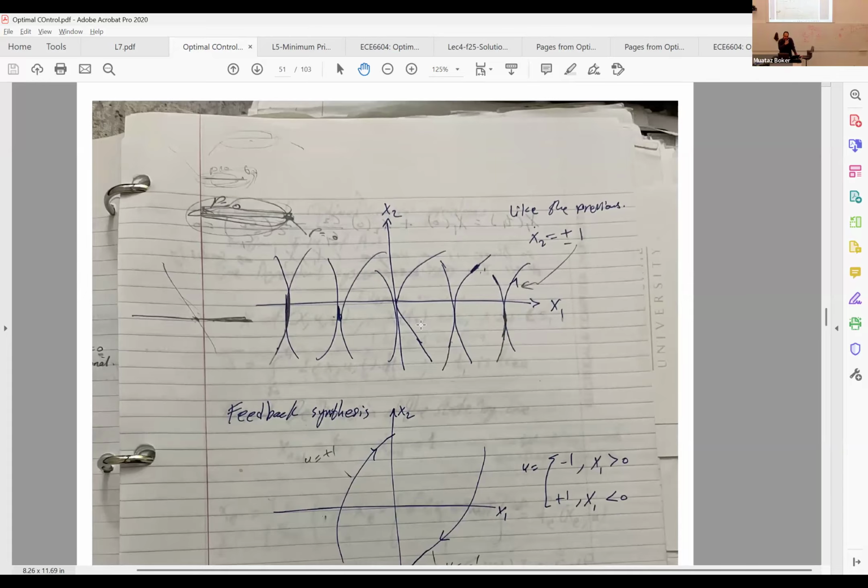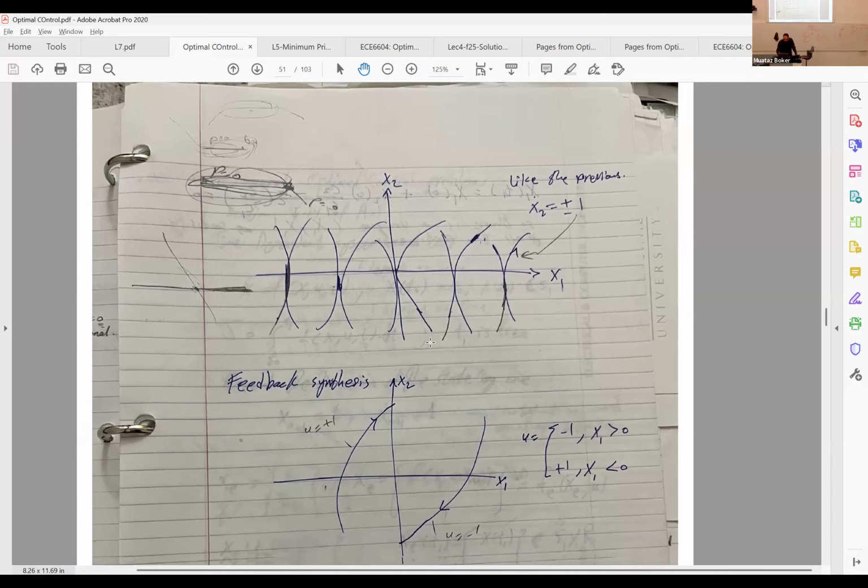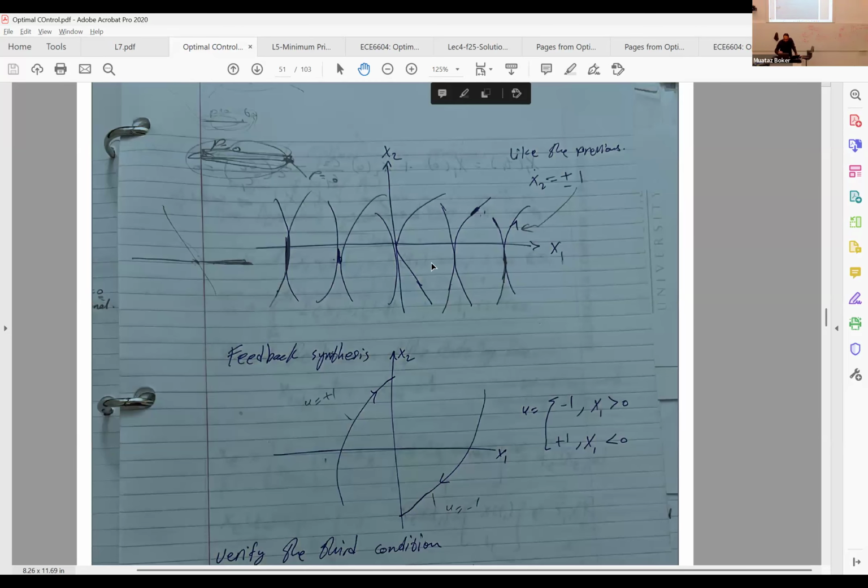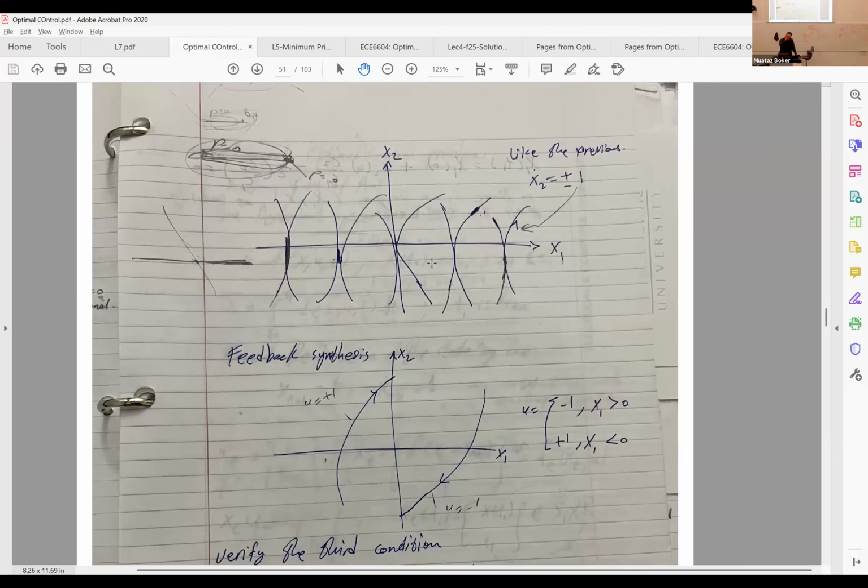So it's like the previous case: when you have positive u, it's up, and when you have a negative u, it's down, which is this one here. So this is the phase portrait x1 and x2.